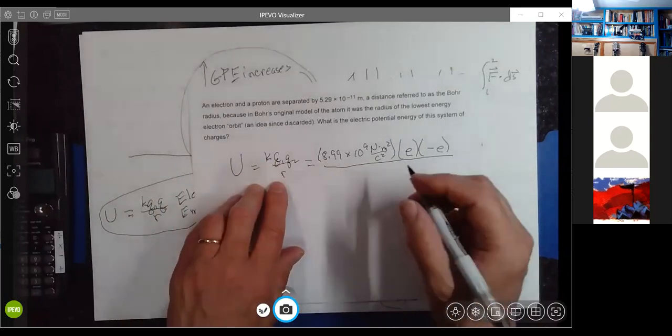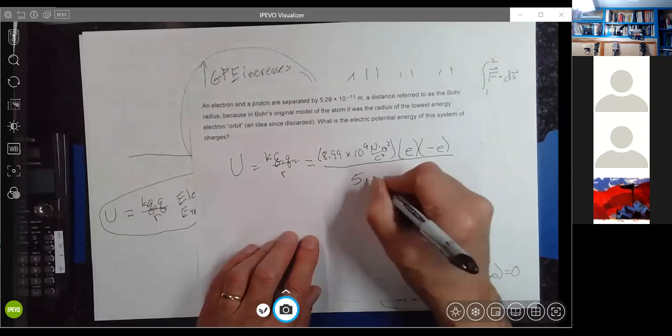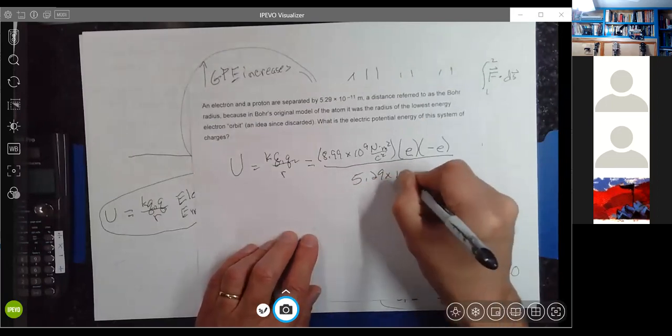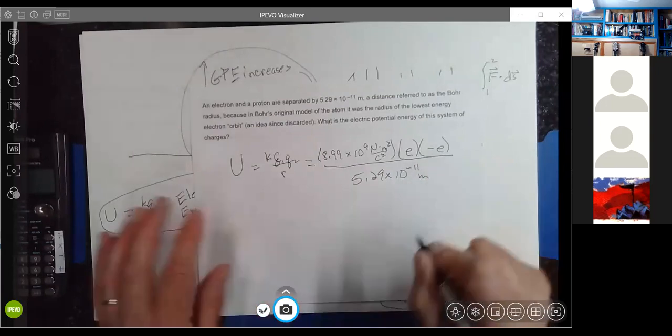Okay, r down here is that number, 5.29 times 10 to the minus 11th meters.